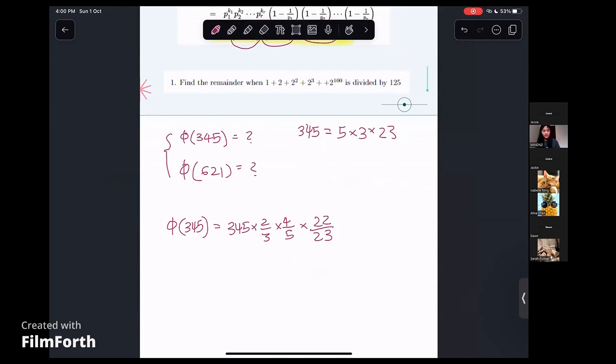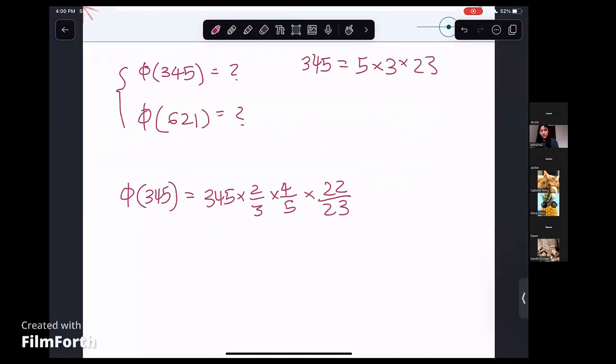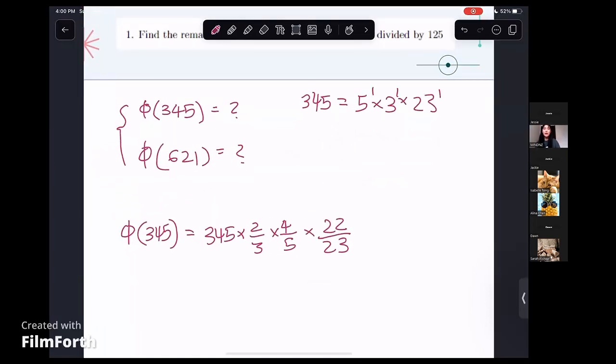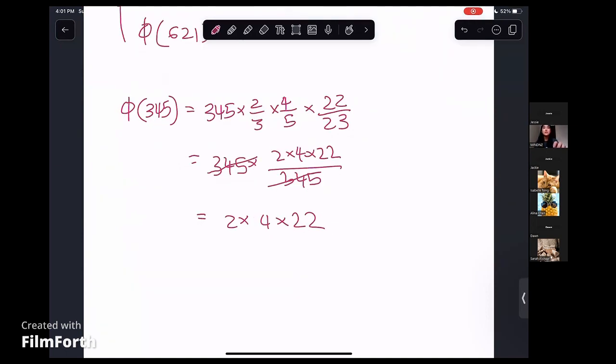And what we notice is that because each of these is to the power of 1, it actually cancels out perfectly. So 3 times, this should really just be over 345. Yep.